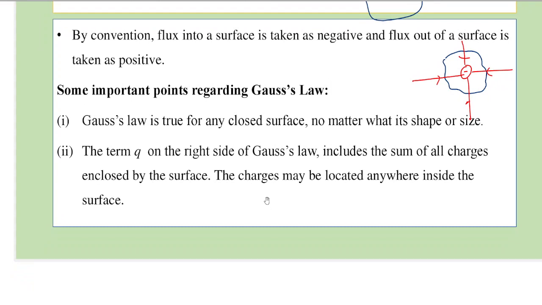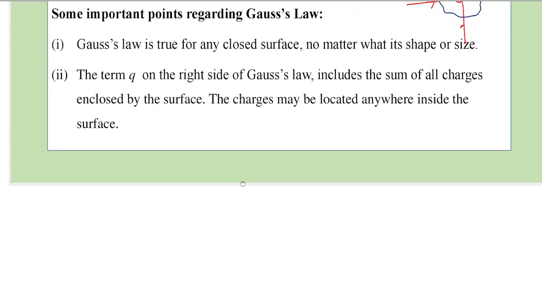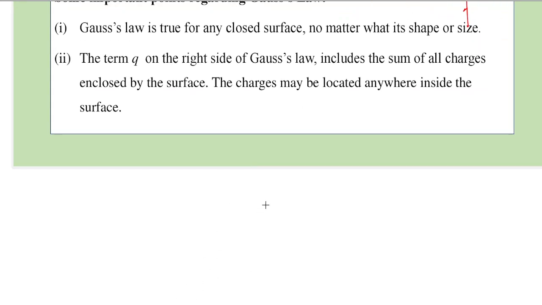Again, when is Gauss theorem useful? We'll see it in a minute. Gauss law is true for any closed surface, no matter what its shape or size is. That is, if you have a positive charge, for example, any configuration, I take a positive charge here, and then at this point P, or this point A, we need to find the electric field. So for this, we use Gauss law. It doesn't matter what is the shape of the surface.